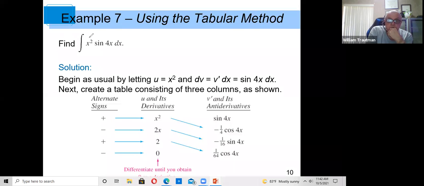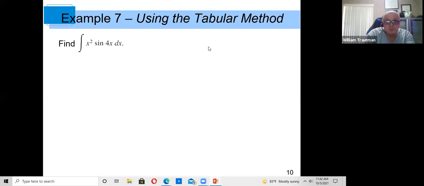We make u the x squared. Let me go back and just see if what they hold is true. They're saying the sine is dv and x squared is u.